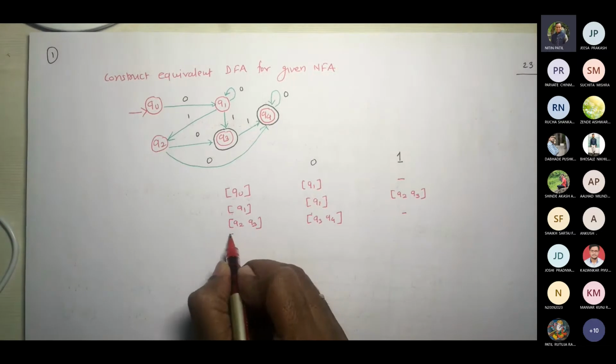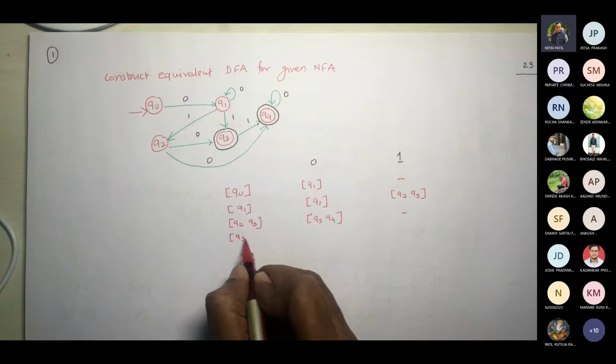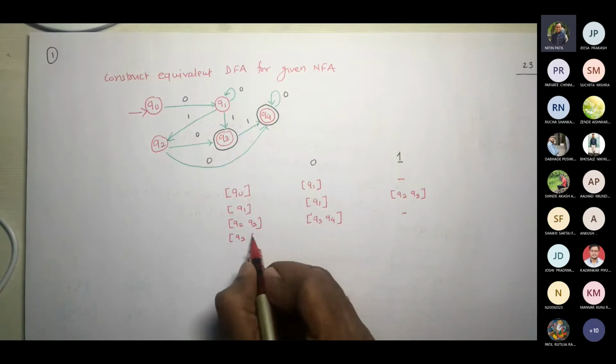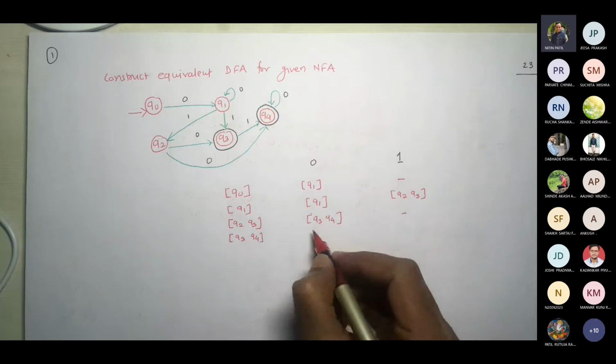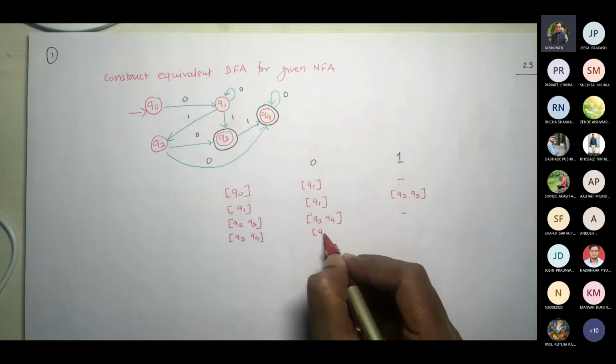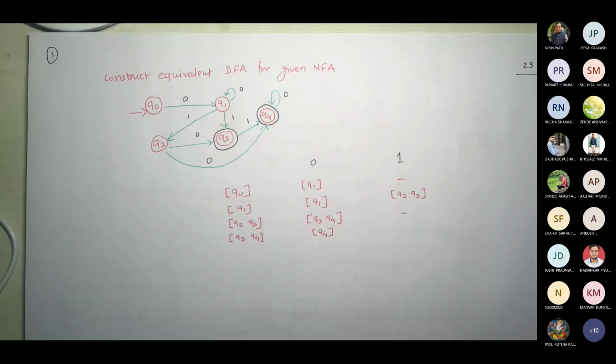So you have to maintain that part. Now you have a new entry, Q3, Q4. Take that Q3, Q4. Now apply 0 on Q3. Do you have anything? No. And Q4 on 0? Nothing. Take the union.